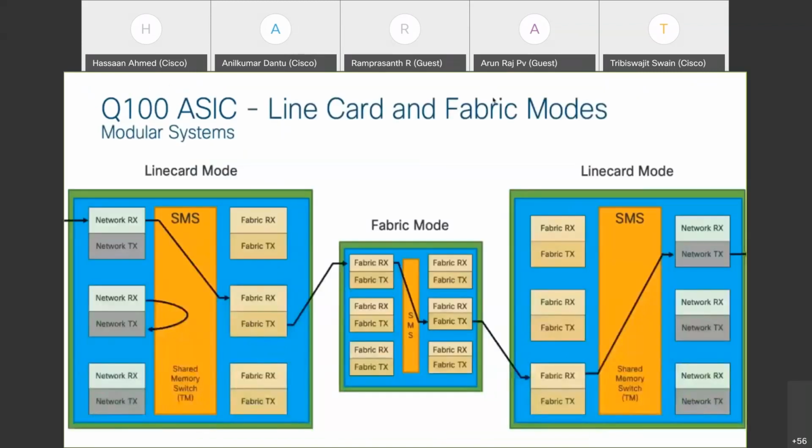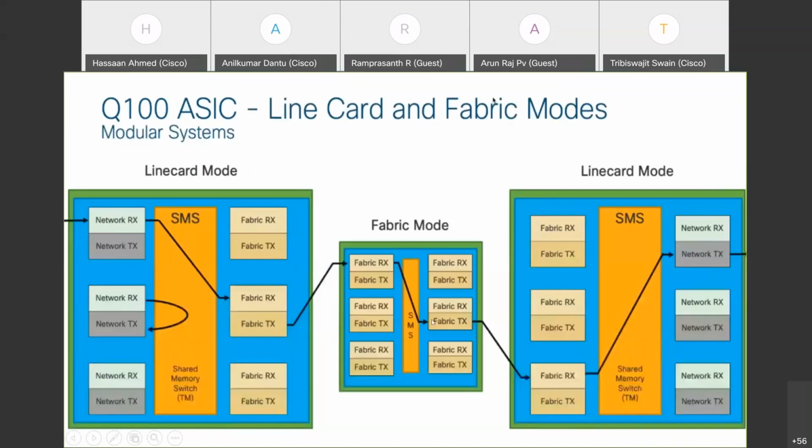Apart from that, in a line card you can program a few of your slices as network facing interfaces or network facing slices, and another set of 3 slices you can program as fabric slices, or the FIA. Similarly, on the other line card, you have the fabric FIA slices and your network-facing interface slices.